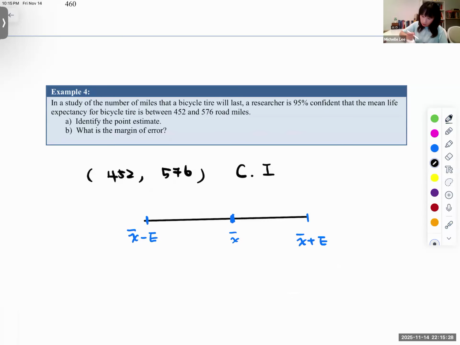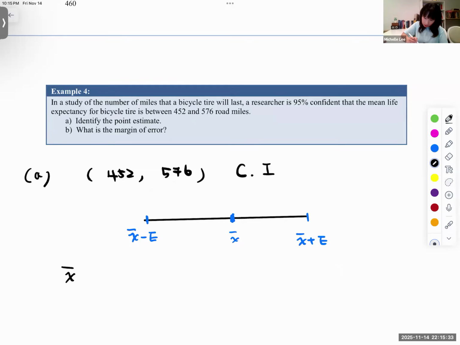So in that case, the point estimate is x bar. We estimate the population mean, which is mu, right? So x bar estimates mu.